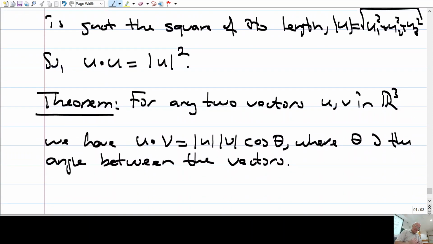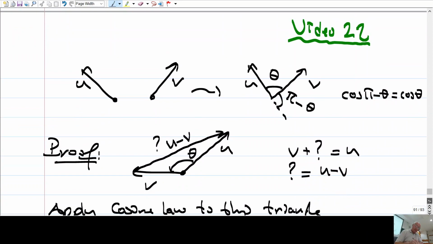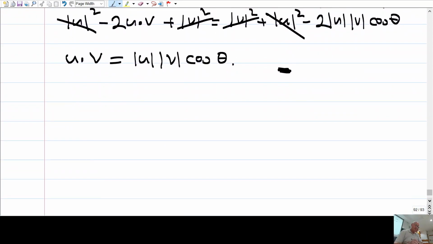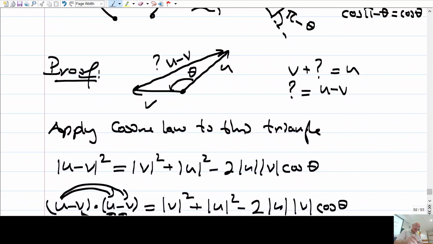And then we gave this theorem, which states that the dot product of two vectors can also be given by this formula, namely norm of u times norm of v, so length of these vectors times cosine of the angle between the two vectors. And we gave this proof, which is basically cosine theorem for triangles.